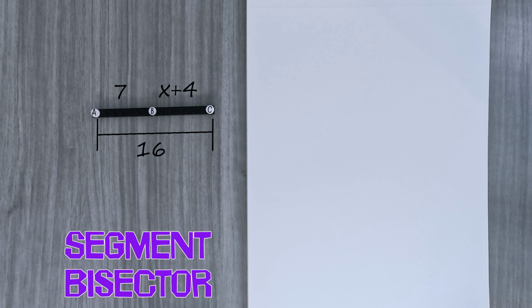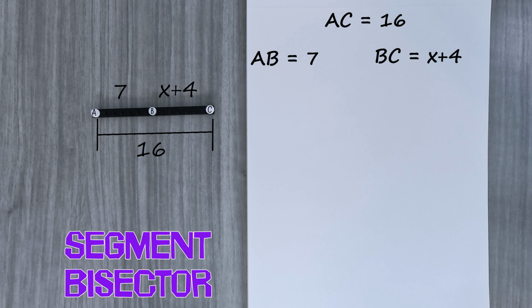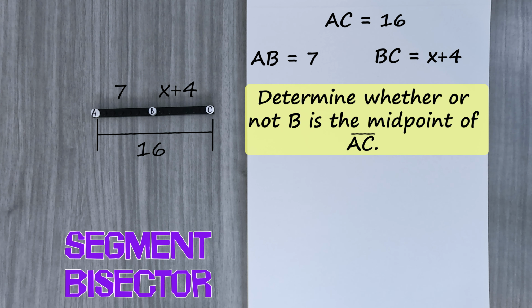Let's say we're told that line segment AC has a length of 16, line segment AB has a length of 7, and line segment BC has a length of x plus 4, and we're asked to determine whether or not point B is the midpoint of line segment AC. This is a good point to pause for a second and think about it. In this case, we wouldn't actually even need to solve for x.